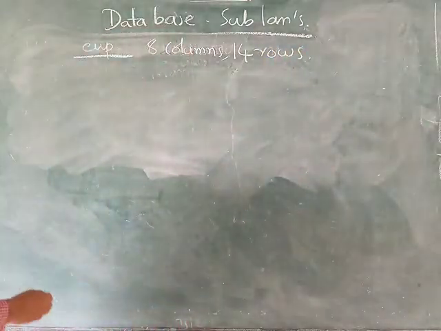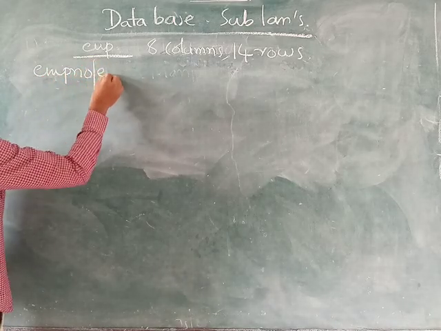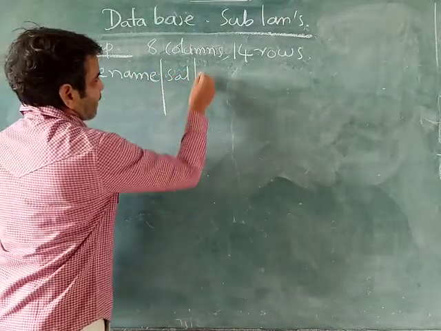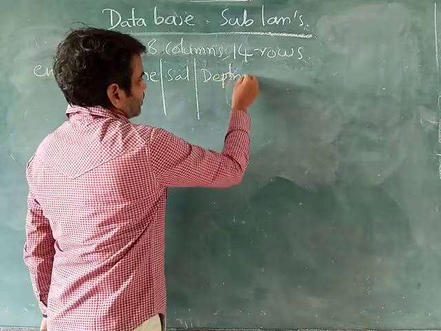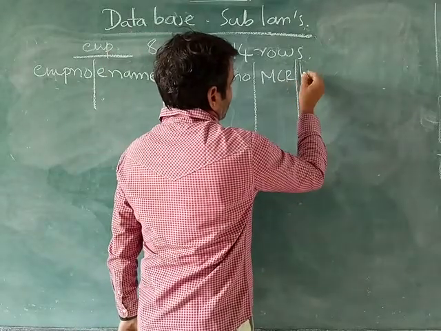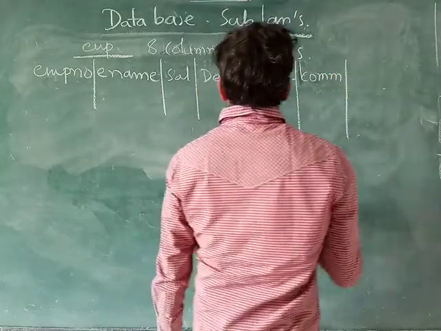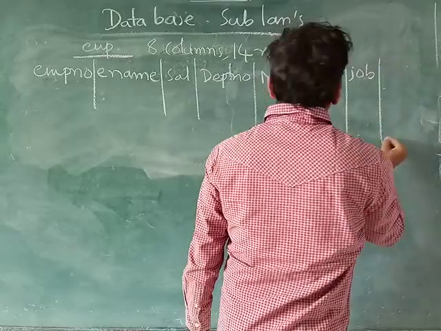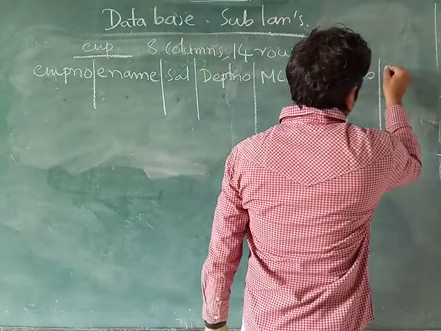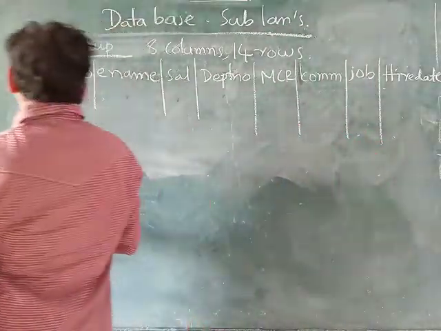The 8 columns are employee number, employee name, salary, department number, MGR, commission, job, and one more, the last one. So these are the 8 columns in the employee table.